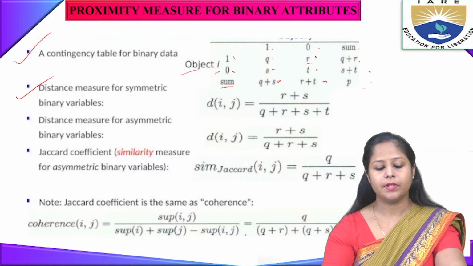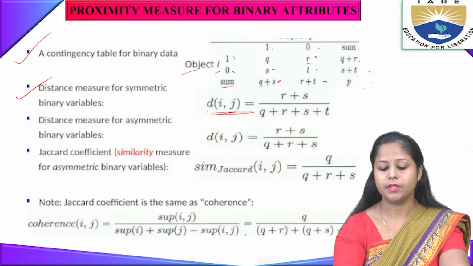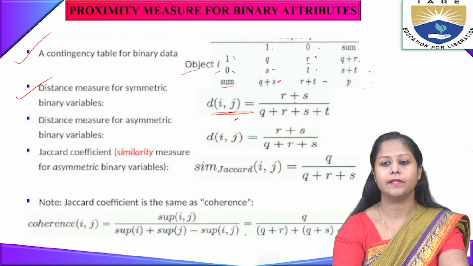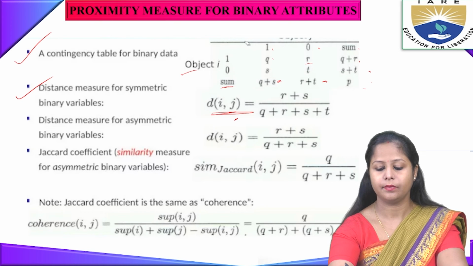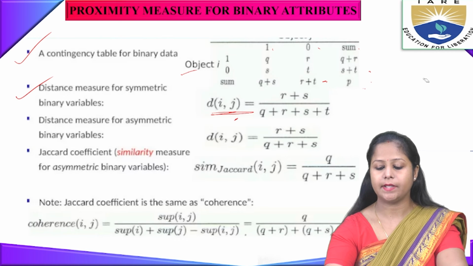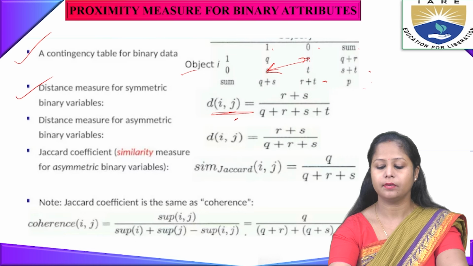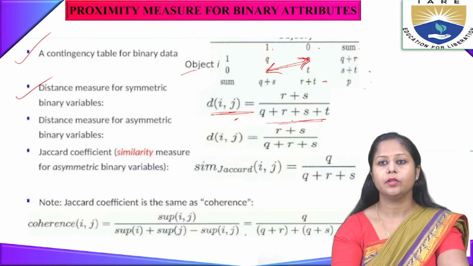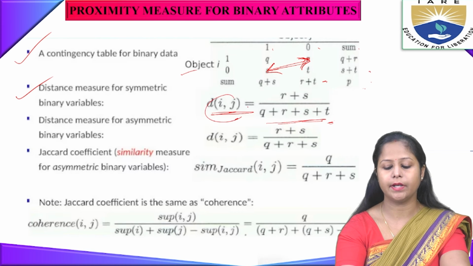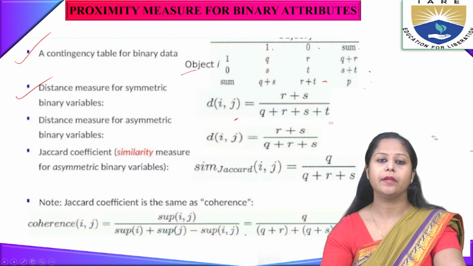So the distance measure for a symmetric binary variable: the formula is dissimilarity of i, j equal to (r plus s), which is nothing but the diagonal data objects summation, divided by q, r, s, t, the whole of the data objects. So then we will get the dissimilarity of i and j for the symmetric binary variable.